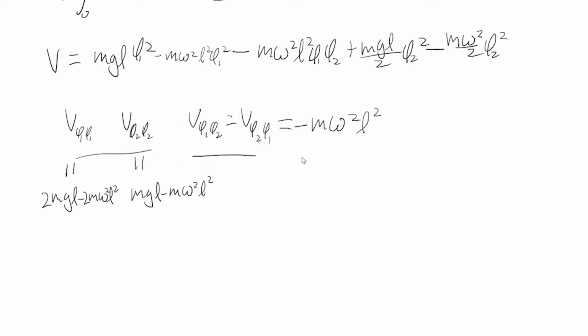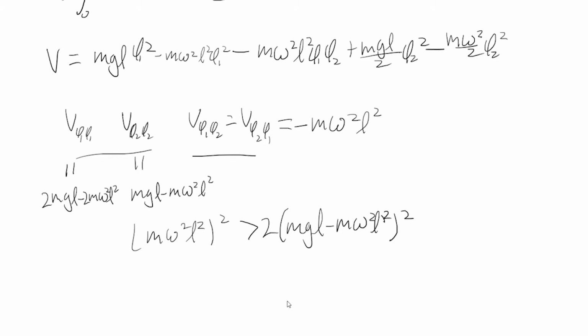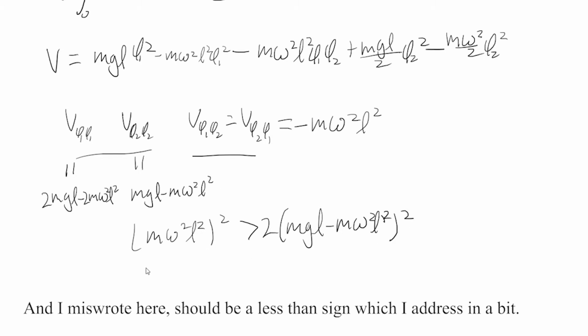So now from here we can set the determinant here equal to greater than 0. So m omega squared L squared is greater than 2 times mgl minus m omega squared L squared, squared. And from here it's really just algebra.